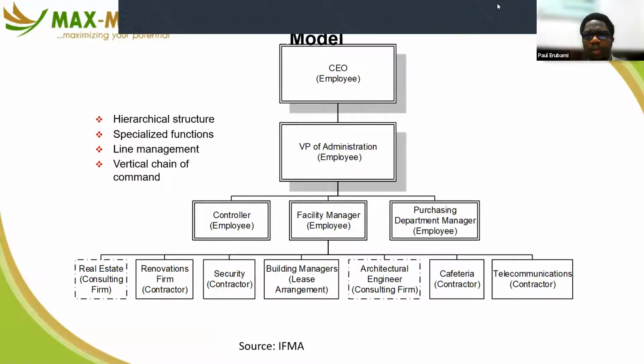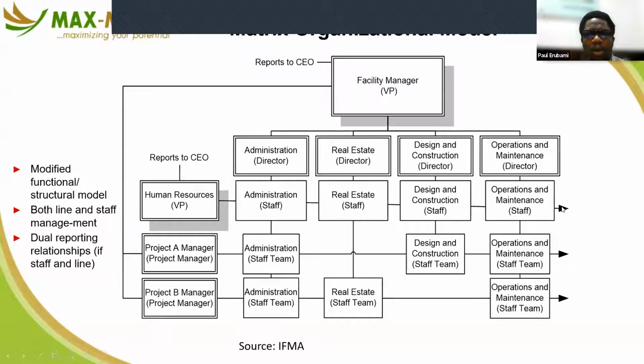I'll show with some of these diagrams, the functional structural organizational model. Everybody is progressing down on one path. There's just one boss for each person. If you're the facility manager, each of these people report to you, and under each of these ones, there are those who report to them. It's strictly line of functional. On the matrix model, you now have certain functions that use up positions from every one of the vertical lines.